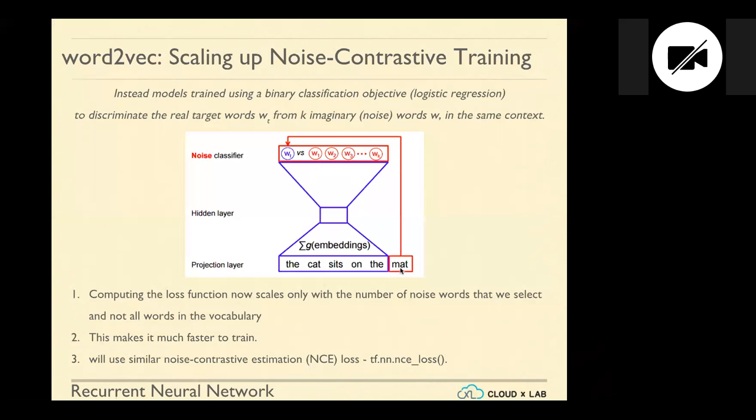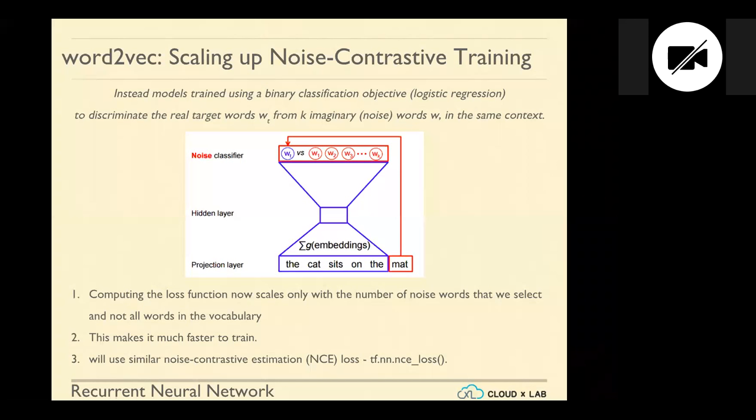So we keep adjusting the values of the numeric representation such that the probability of the right word is highest here. So instead, we train models using a binary classification objective like logistic regression to discriminate the real words, the words that fit in here, versus the k imaginary words in the same context.